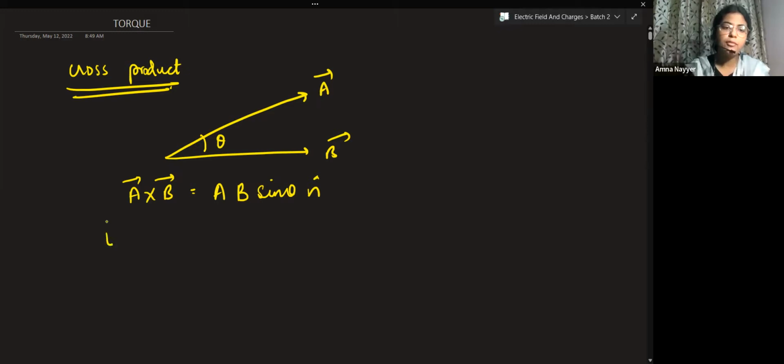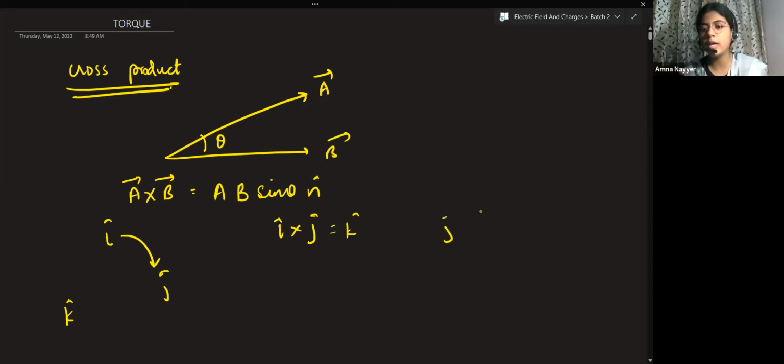And if you have to find the direction, just write i cap, j cap, k cap and start moving. If you move from i to j, i cap cross j cap will give you the third one which is left, that is k cap. If you reverse it, j cap cross i cap will give you minus k cap. Then j cap cross k cap will give you what is left, i cap.